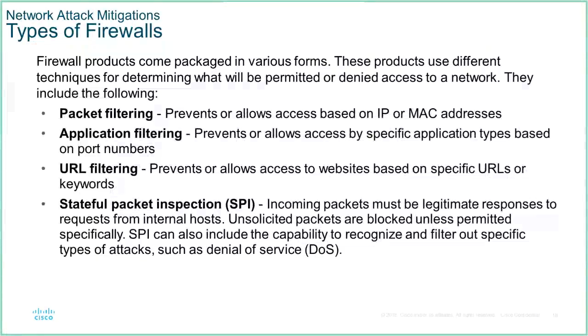Application filtering uses the port numbers, so we're looking at allowing or preventing specific applications from traveling through that interface. Next, we're looking at specific websites, known as whitelisting and blacklisting websites. You might have heard those terms before. Whitelists are websites that are permitted, blacklists are ones that are banned.